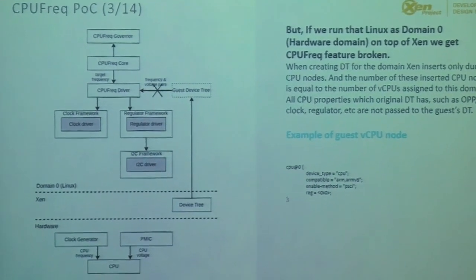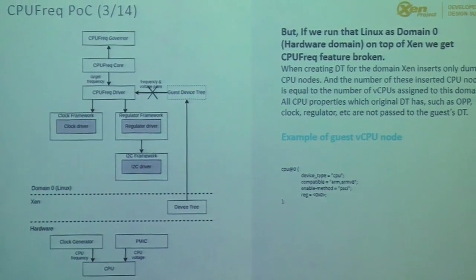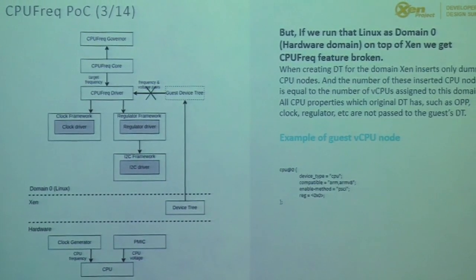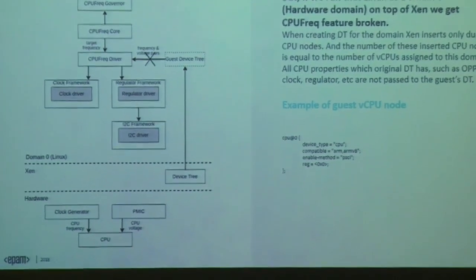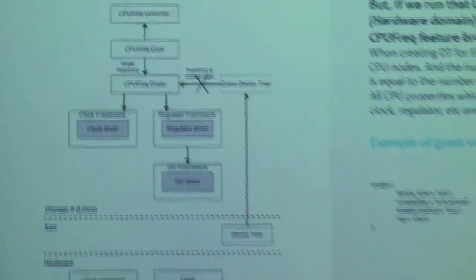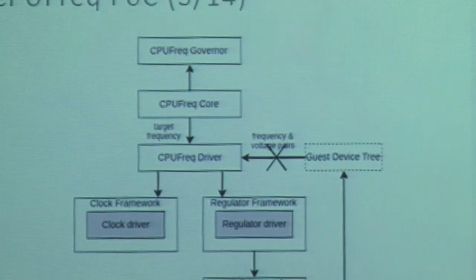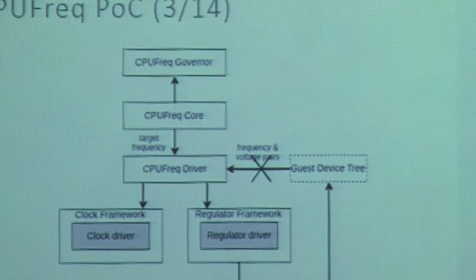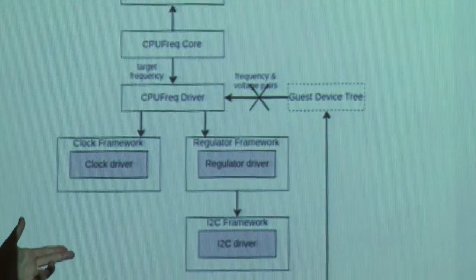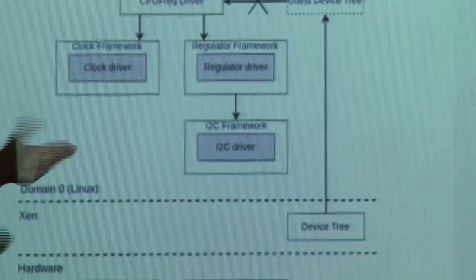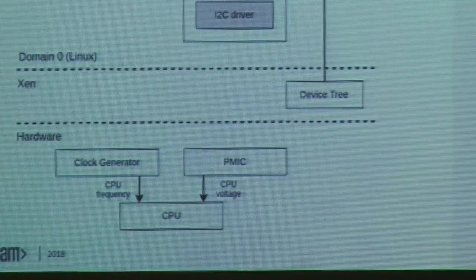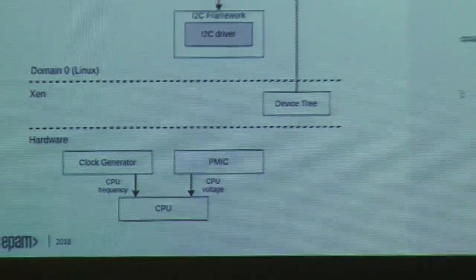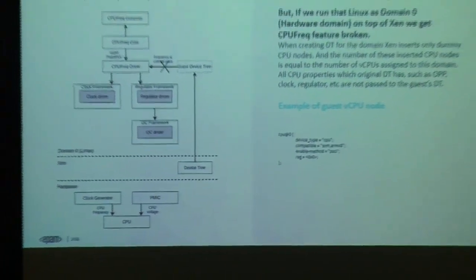When CN creates a device tree for guests, it inserts only dummy CPU nodes, and all DVFS related properties which the original node has are not passed to the guest device tree. This is an example of a guest CPU node. There is no clock supply, no OPP, no clock properties. So we get the CPUFreq feature broken.